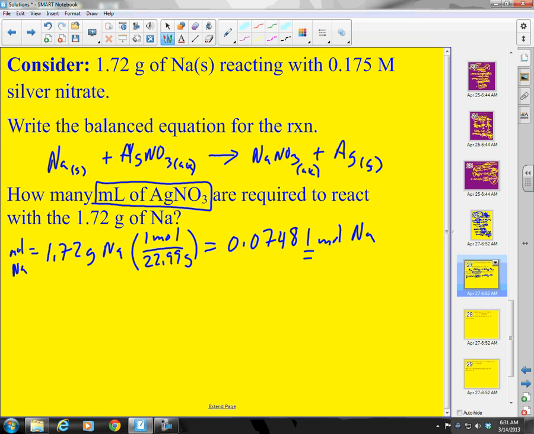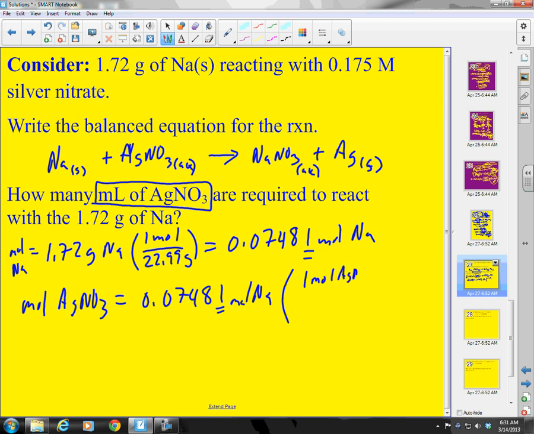So before I get volume, I have to figure out moles of my silver nitrate. So moles of my silver nitrate equals 0.07481 moles of sodium times, what's my mole ratio? Looks like 1 to 1. Perfect. 1 mole of silver nitrate per 1 mole of sodium. And what does that give me? 0.07481 moles of silver nitrate.